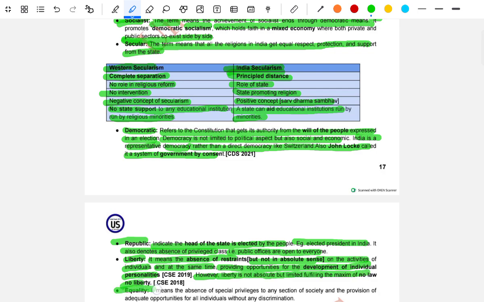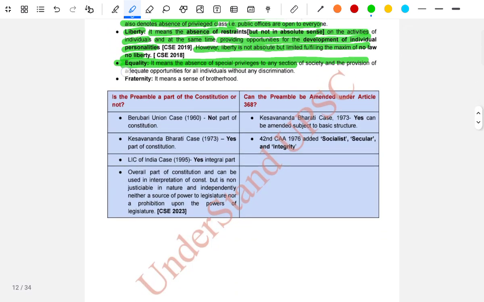Equality means the absence of special privileges to any section of society and provision of adequate opportunity for all individuals without any discrimination. Fraternity means a sense of brotherhood.